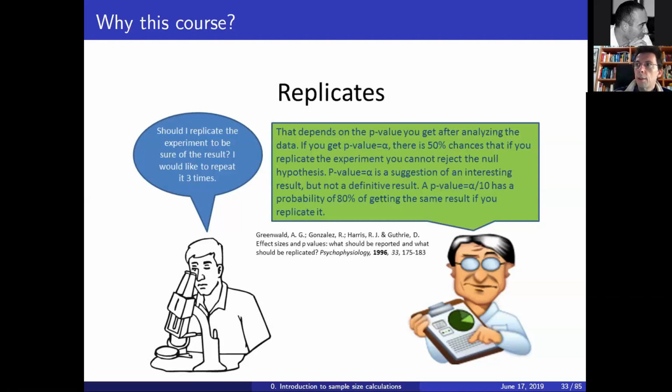If your procedure is that you do an experiment, and as long as you get a p-value smaller than the threshold, you write the paper, then if your p-value was close to the threshold, it might be that you got this result just by chance. And then there is a real problem there. There were many reasons for this lack of reproducibility of experiments, but one of them was certainly statistical.